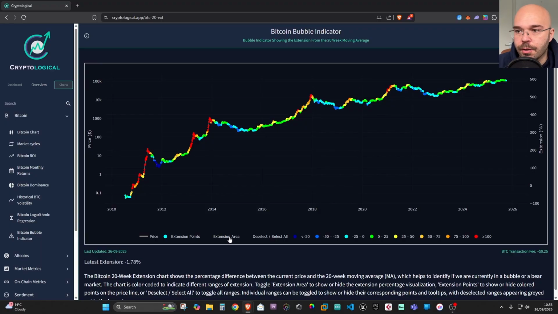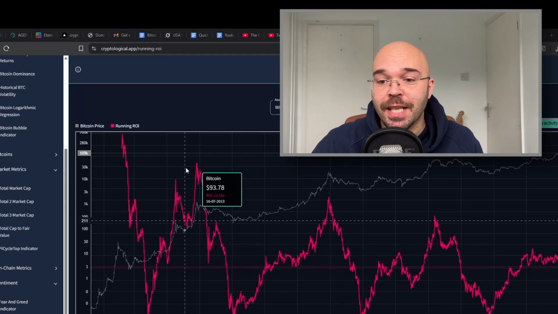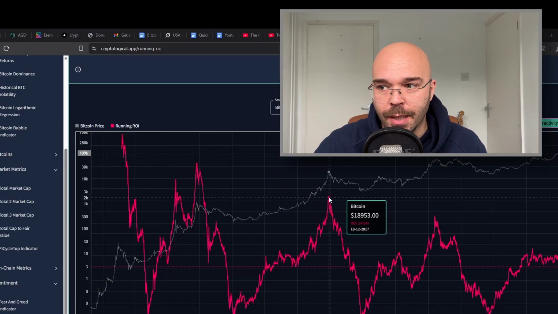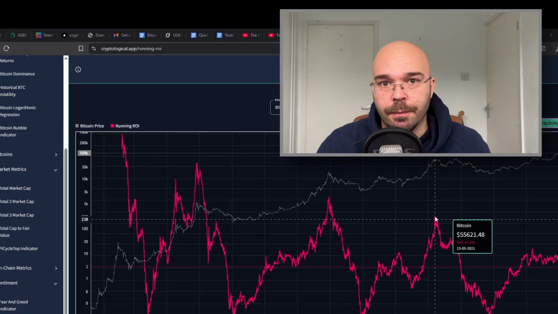If we turn back the extension area on, we can clearly see that we get diminishing returns from cycle to cycle. So we've made it to the red levels every cycle, but it's been getting less and less extended above the 20-week moving average. With diminishing returns, which is a well-known fact, you've got to educate yourself about diminishing returns in the Bitcoin market, because if you go into investing in Bitcoin expecting to see 100x moves, it's just not going to happen.